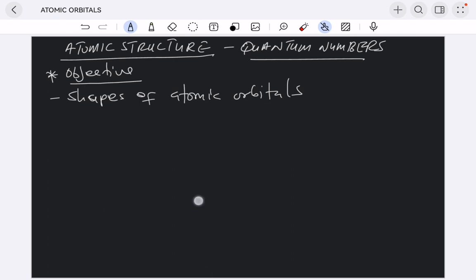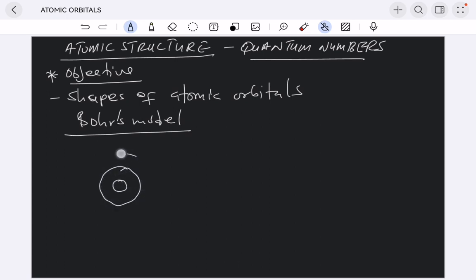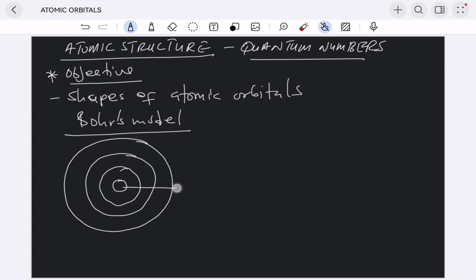So we'll start by looking at the Bohr model of an atom. So the Bohr model of an atom demonstrates to us that we have the central part of an atom, which is the nucleus. Then we have different energy levels.